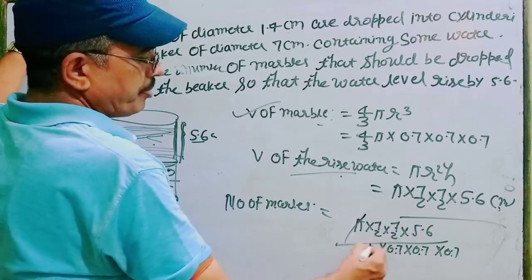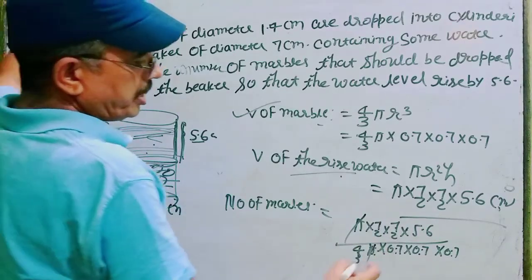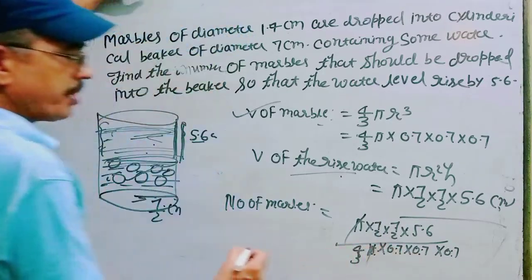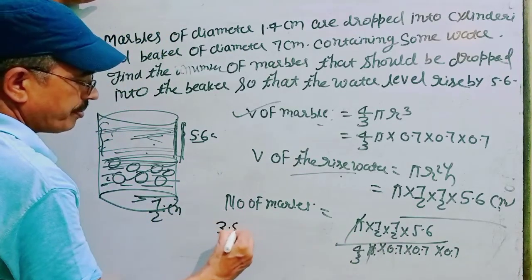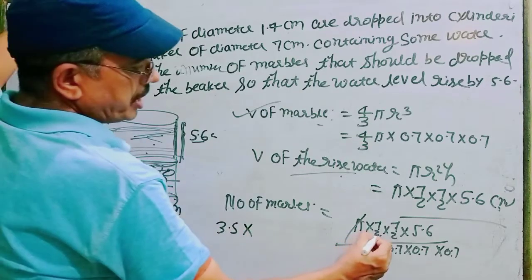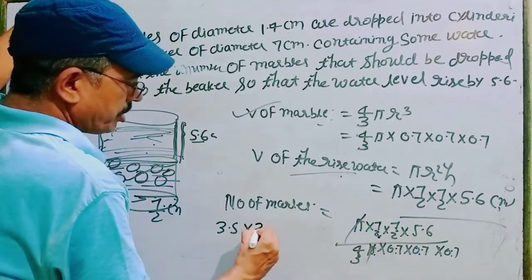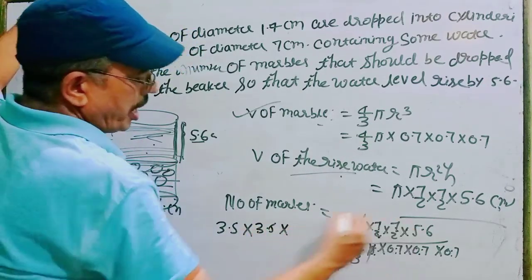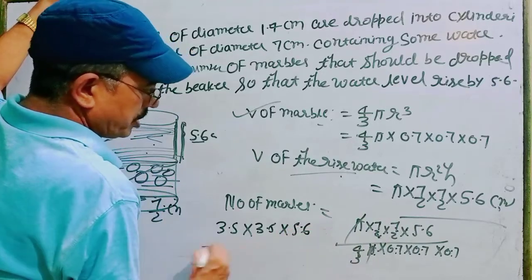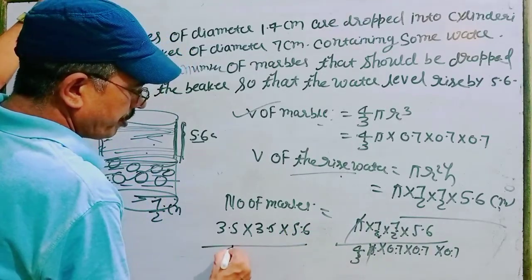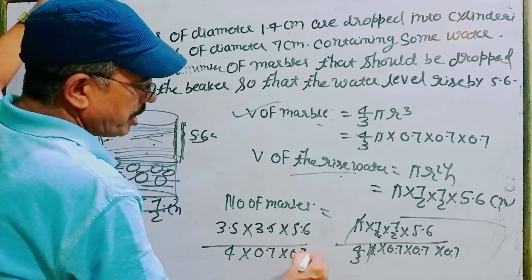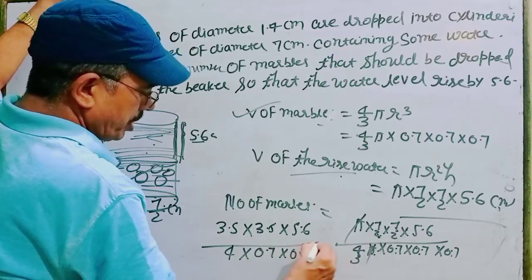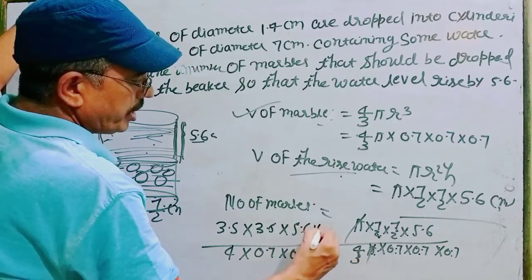So this pi cancels. Here is 0.7 you write here. It is 3.5 because here is 7 by 2. It is also 3.5 and it is 5.6 divided by 4. Here is 0.7 and 0.7, and these three you write here.